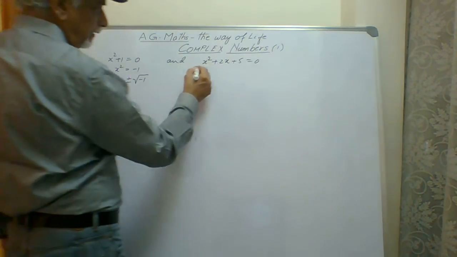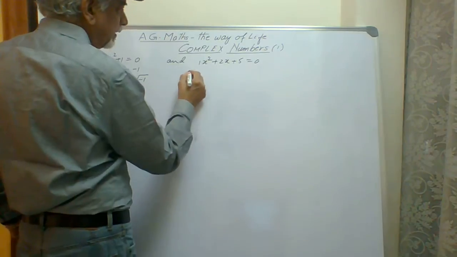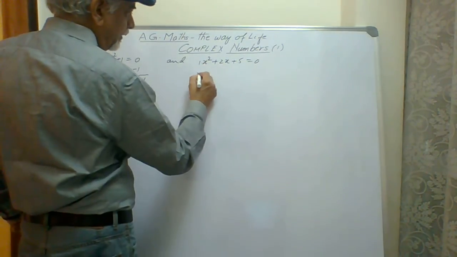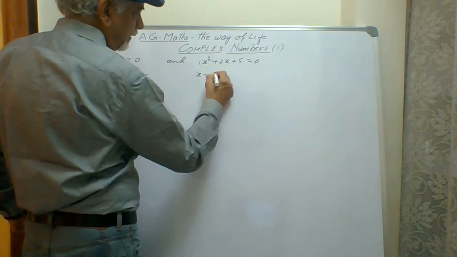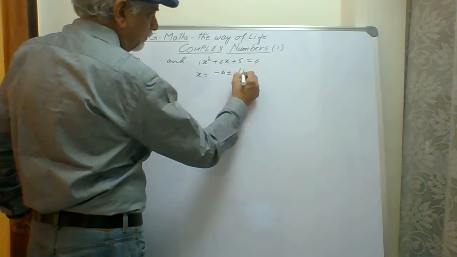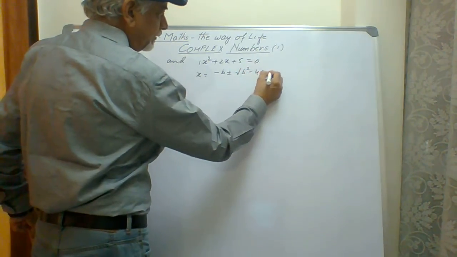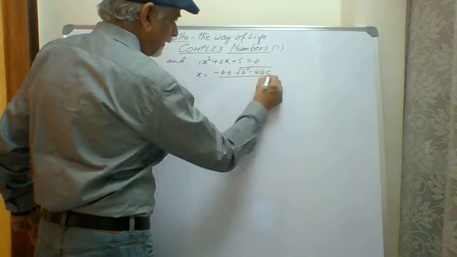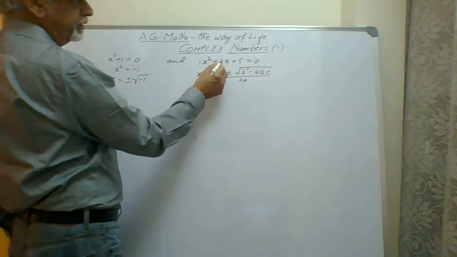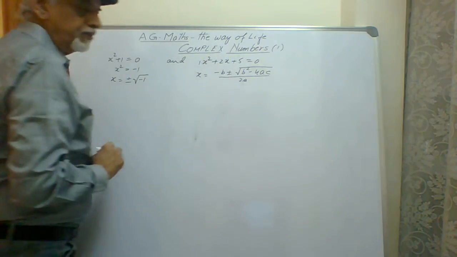Similarly, what happens here? If I apply Sridhar Acharya's formula, which says that in this type of quadratic, we can say it is minus b plus minus root over b square minus 4ac over 2a, where a is the coefficient of x square, b is the coefficient of x, and c is the constant term.